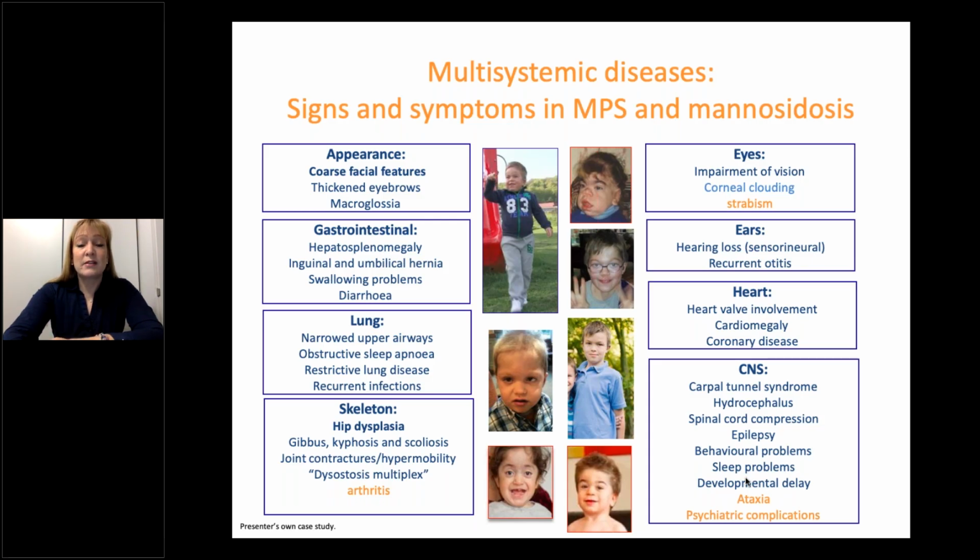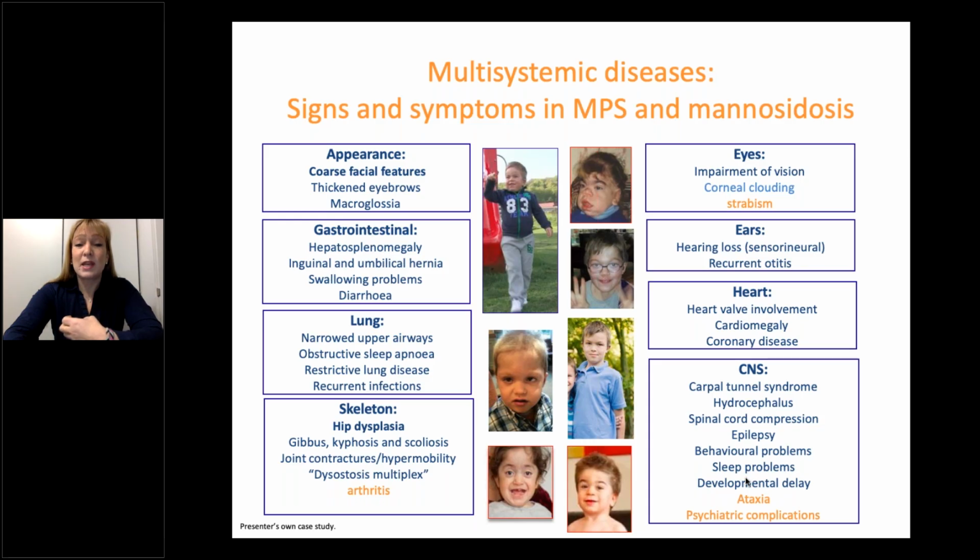And what we see is a coarse face. So you see it when they are older, the appearance shows that something is wrong with the child. They have hepatosplenomegaly, inguinal and umbilical hernia, sometimes swallowing problems. The lung has obstructive and restrictive lung disease, and the recurrent infections make a lot of trouble.